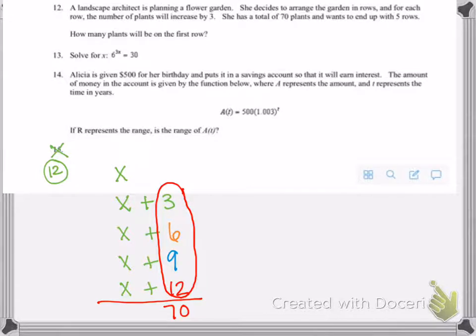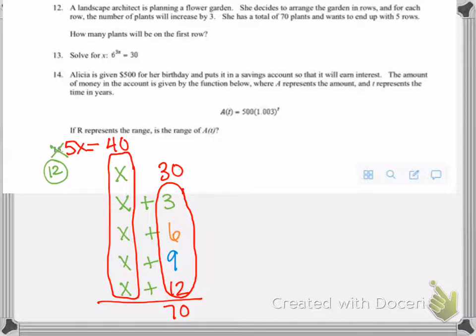So we already have 30 plants, which leaves us with 40 more. So all of these together has to be 40 plants because this group is 30. So 5x is equal to 40 plants. 5x equals 40. That means that x must be 8. So on the first row, we have 8 plants.